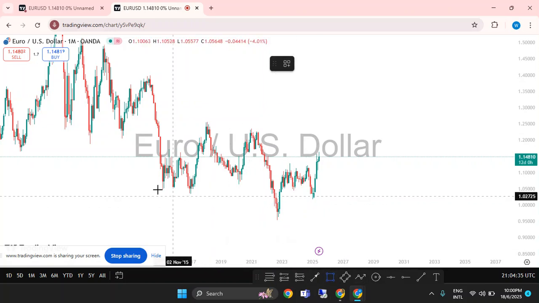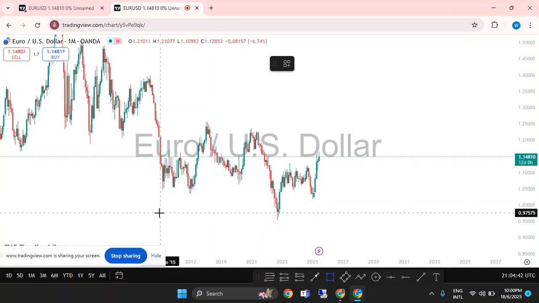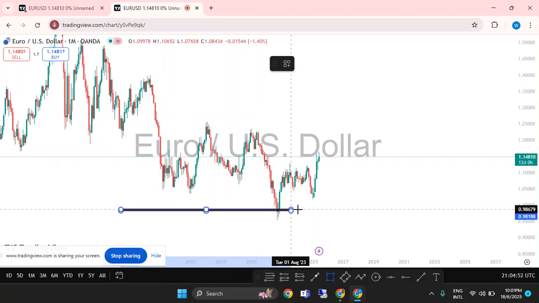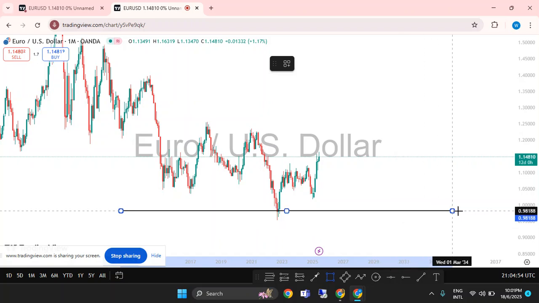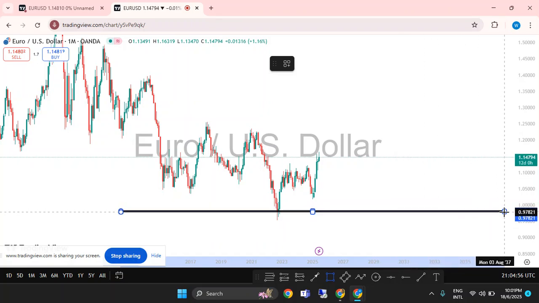On a 1 month time frame, as you can see, we draw our support and resistance, our major ones, because this is a bigger time frame. This is the time frame which bankers use to trade, so follow the trend. So we draw our support and resistance here. As you can see, there's a support from here.